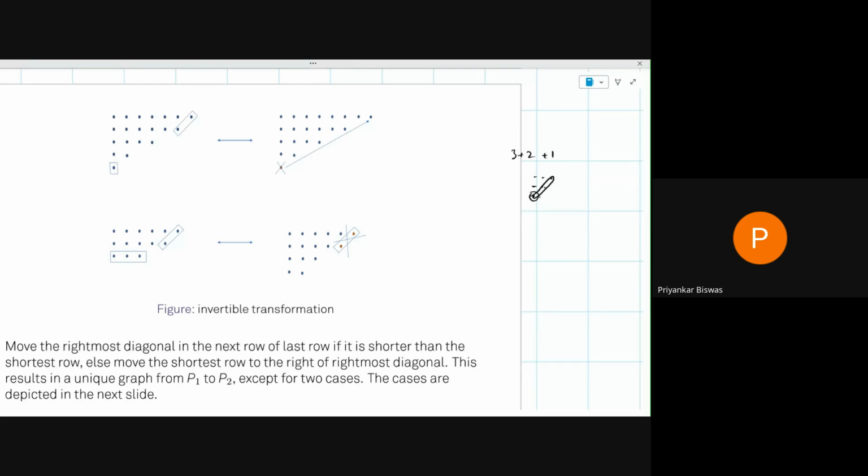So now cut this and place it here. So you'll get a transformation, a new partition, this and this. Okay. If it is complicated, I can give a more complicated example.